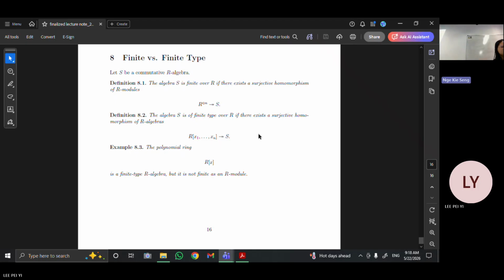It didn't say that one is a complement of the other. At least you have a proof in here. But I don't think so. I think not finite as an R module is F.1, I guess. But you need to verify. I think not finite as an R module implies not finite.